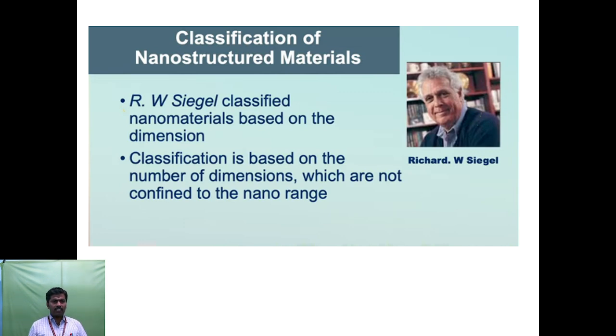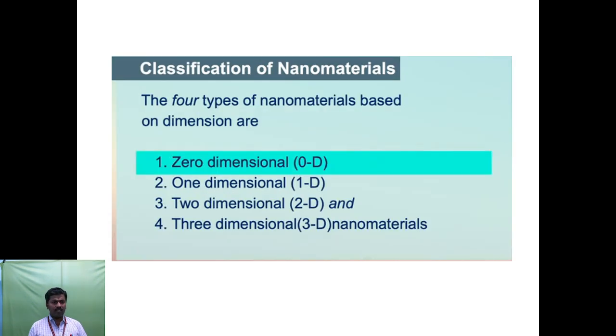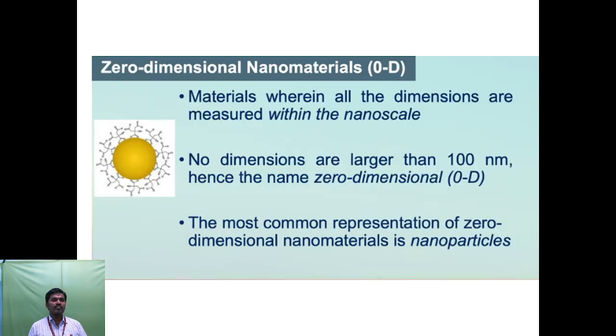Sir W. Siegel classified nanomaterials based on dimension. The classification based on the number of dimensions is not confined to the nano range. There are four types of classification based on dimension: 0 dimensional, 1 dimensional, 2 dimensional and 3 dimensional nanomaterials.